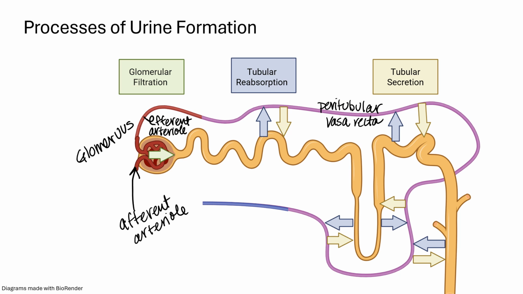As the filtrate flows in the nephron toward the collecting duct, blood also flows along in this capillary bed. And it's all headed to a cortical radiate venule, which then drains that second capillary bed.